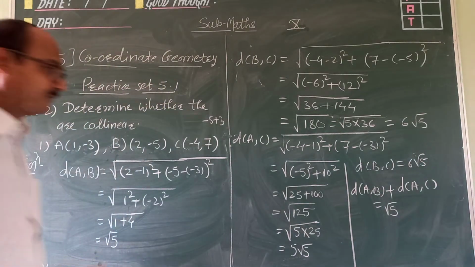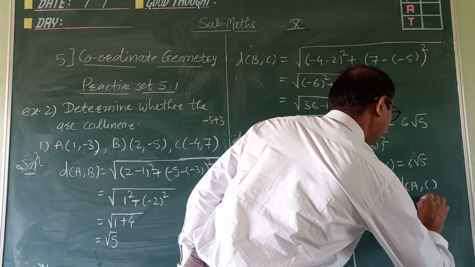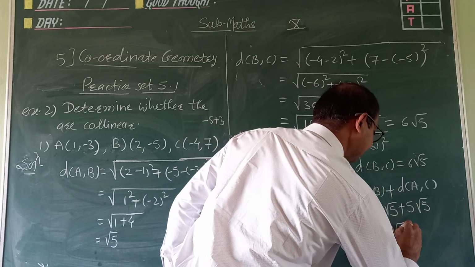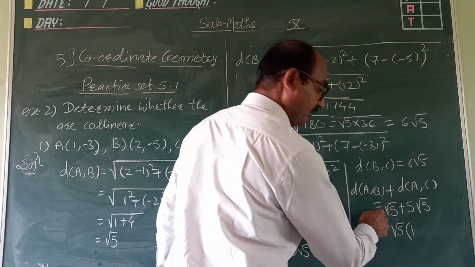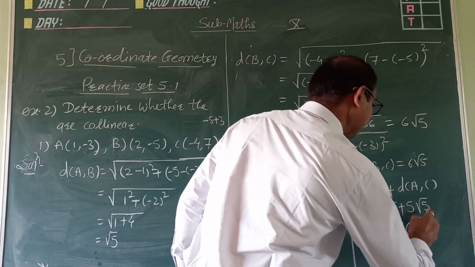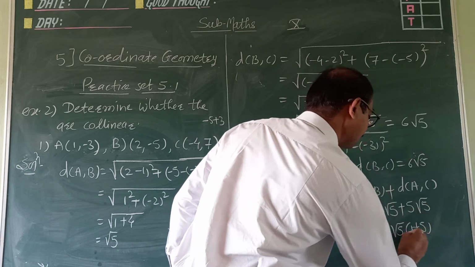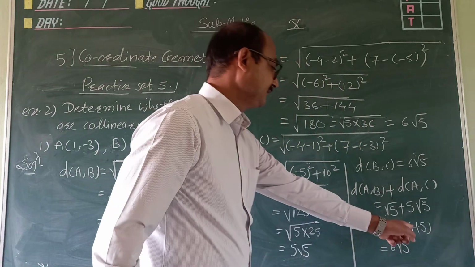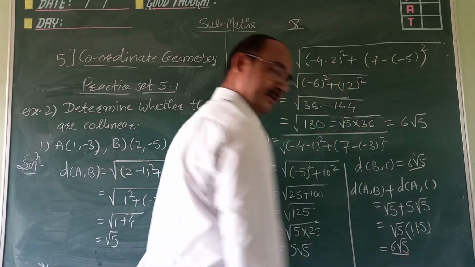AB is root 5 and AC is 5 root 5. This radical is the same, common. Here 1 remains, no number means 1. Plus here 5 remains. So 5 plus 1, 6 root 5. Checking, both are the same.